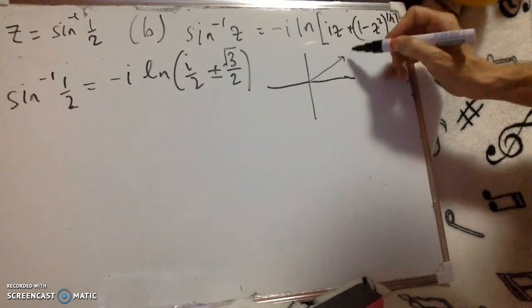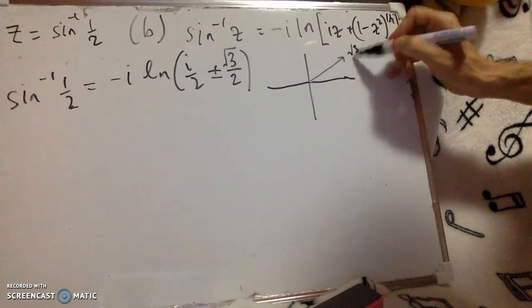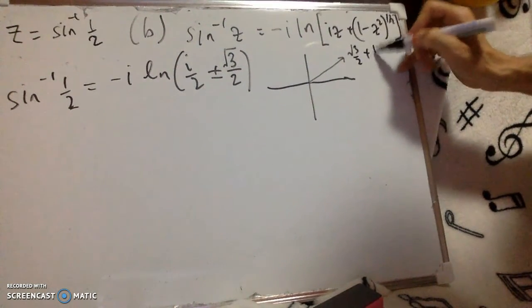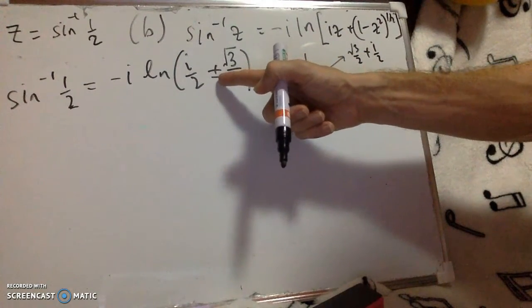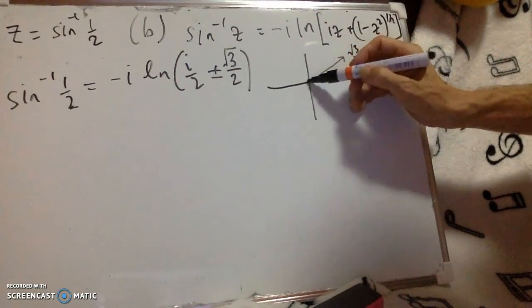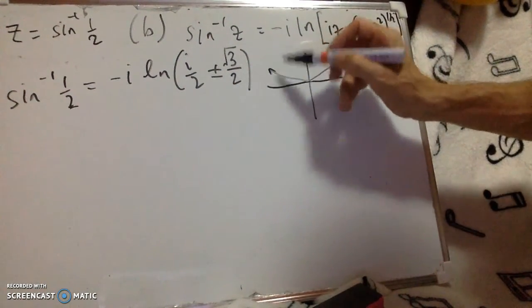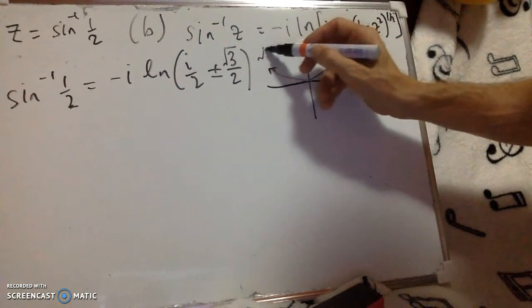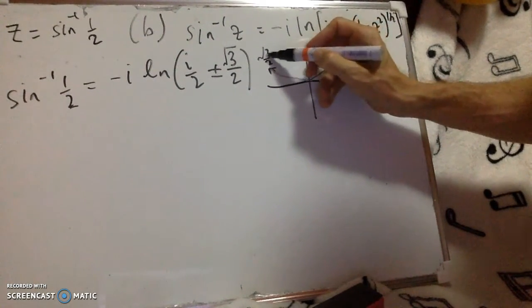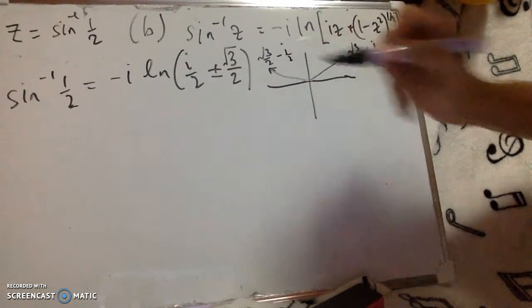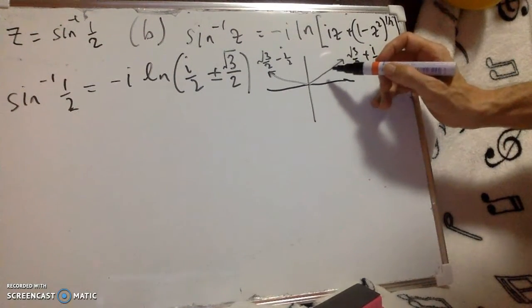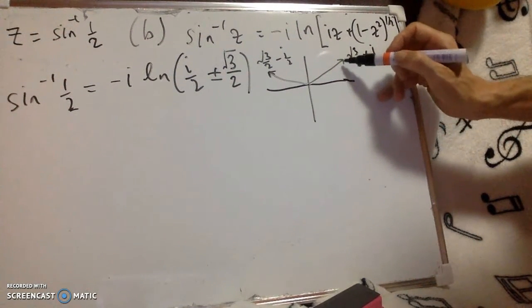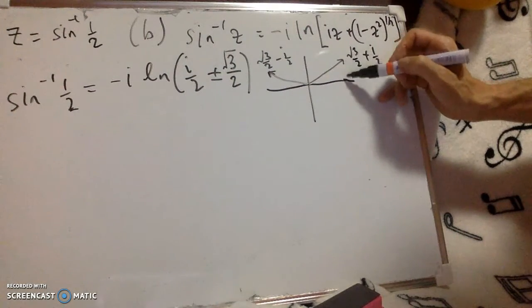So this is root 3 over 2 plus i over 2. And the other one is just this with a minus sign, so it's the same height but in the other direction. So that's the other one. Basic trigonometry, hopefully you realize this is a half.